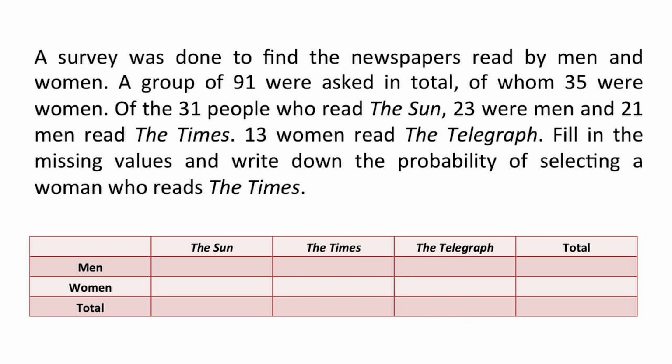So our grand total will be 91. They tell us 35 women answered. They also tell us that 31 people read The Sun, and 23 of those 31 were men. And 21 men read The Times and 13 women read The Telegraph. So have a think about where we would put those values within here.